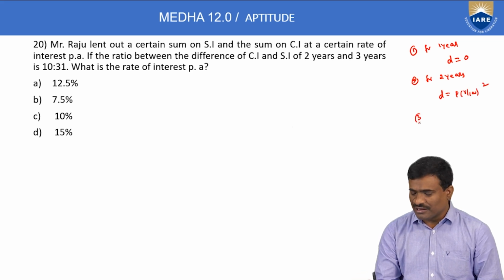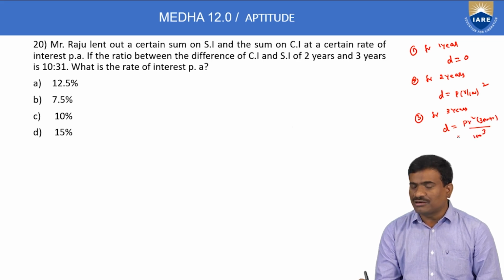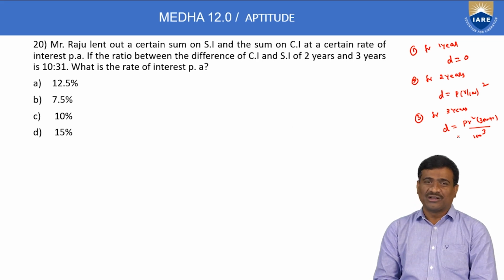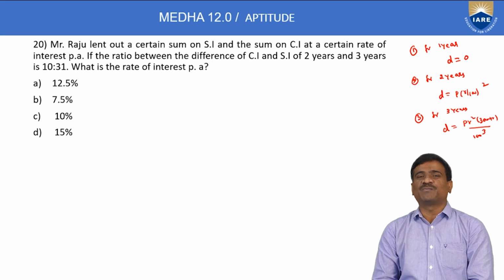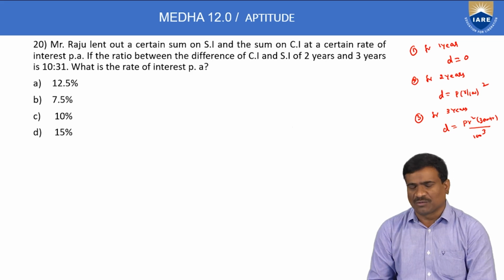Similarly, the difference for 3 years, D is equal to P into R square by 300 plus (R by 100) cube. These are only important to the difference between simple interest and compound interest topic.